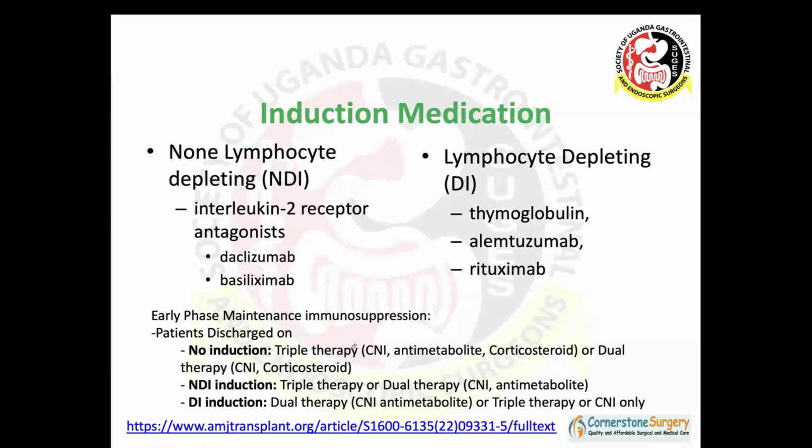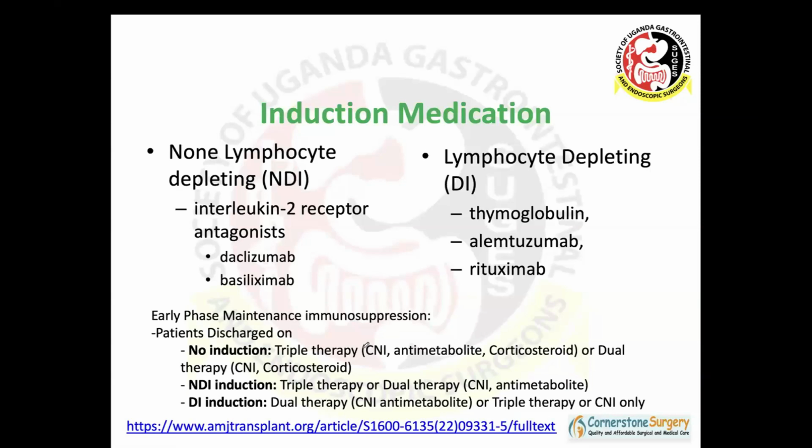If you use no induction, you'll find yourself using a triple therapy, of which a corticosteroid is a must. And even if you say, I'm not going to use the triple therapy and use dual therapy, still a corticosteroid is a must. But if you use induction, you will find that you don't need corticosteroid therapy because you may use dual therapy where you have only a calcineurin inhibitor and an antimetabolite.